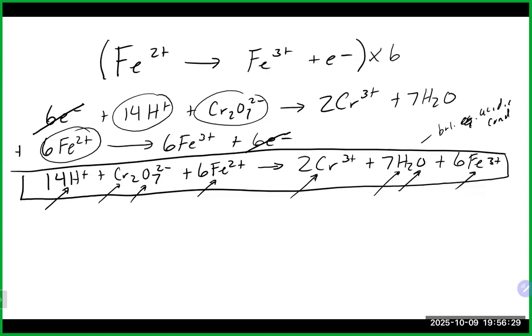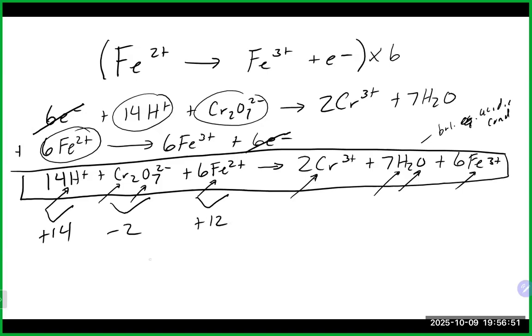The second thing that needs to be balanced is the overall charge. The charge on the left-hand side of the arrow needs to be exactly the same as the right-hand side. So let's just add it up here. That's going to give me a +14 for my first guy there. That's going to give me a -2. That is 6 times +2, which is +12.